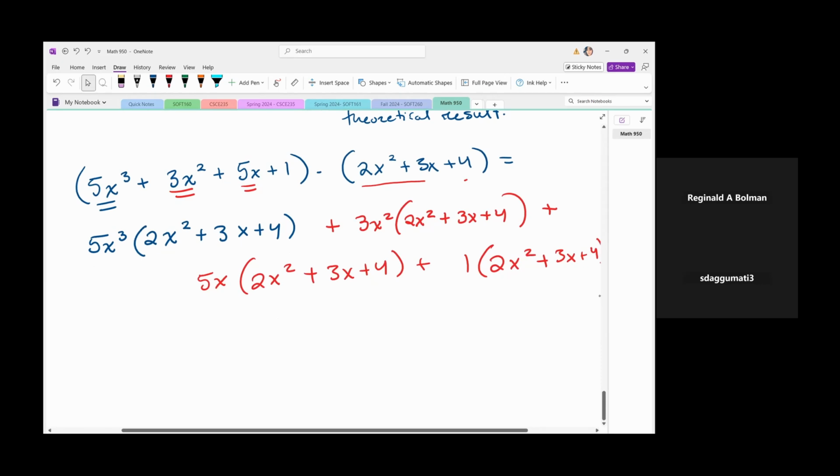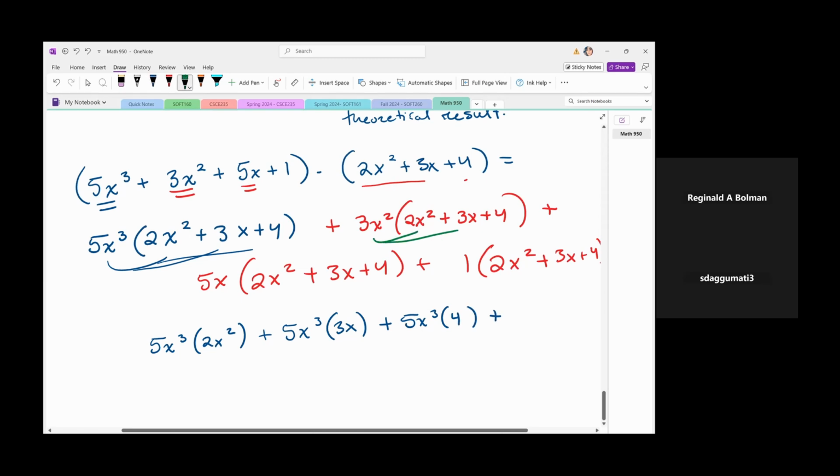So now what we've got to do is a long distribution problem. You're going to have 5x cubed times 2x squared. We'll do 5x cubed times 3x. We'll do 5x cubed times 4. And of course, this will be added with 3x squared, which itself is multiplied through all of these different terms.